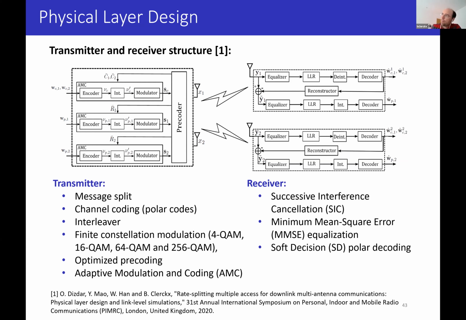Right. So in the uplink, the capacity is well understood. If you have a 2-user case with single-antenna transmitters and a multi-antenna receiver, the capacity region is known. This is a pentagon.